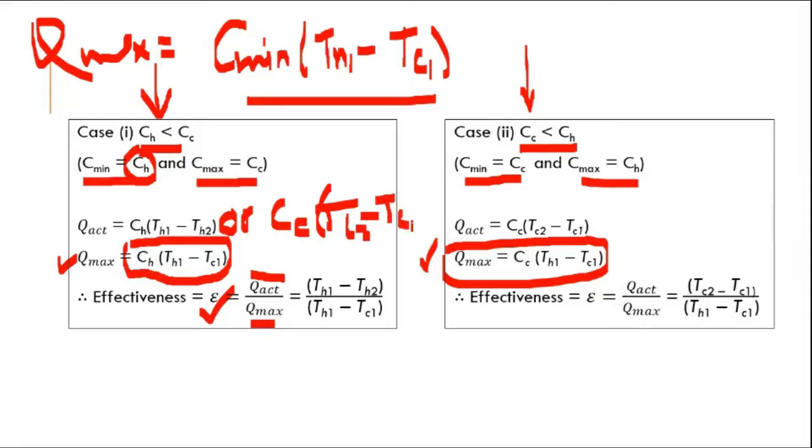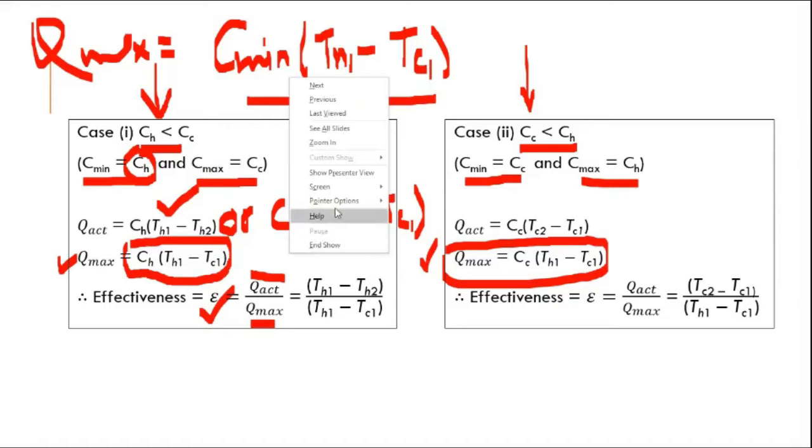But here what we have done, we want to cancel out the CS term. In Q max, we are getting CS terms. So in order to cancel out CS term, we are sticking to the first definition. We are taking Q actual is equal to CH TH1 minus TH2. In this case, this effectiveness value will be equal to TH1 minus TH2 divided by TH1 minus TC1. The CS terms will get cancelled out.